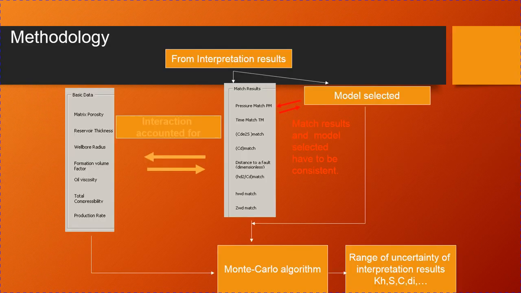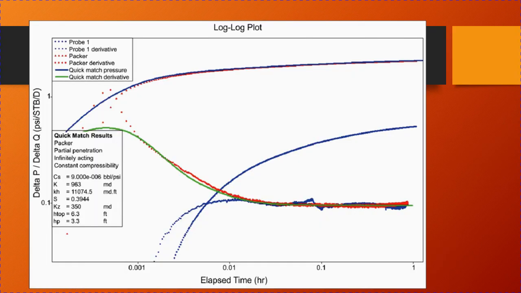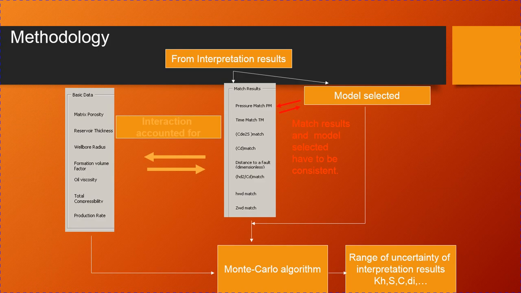So if we come back, once we have selected all the right inputs in the Monte Carlo algorithm, there is a probability density function. In our case it's predefined, that will be selected for each and every input in the static data that you see here.